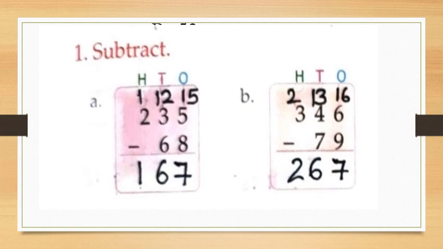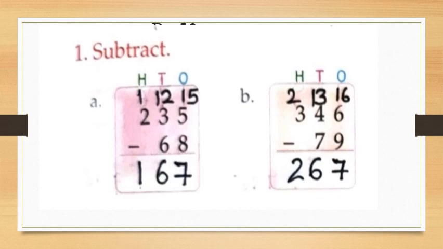Now children, let's do some questions given on page 53 of your maths book. Children, look at the first part. Here you have to subtract 68 from 235. First, subtract the ones.